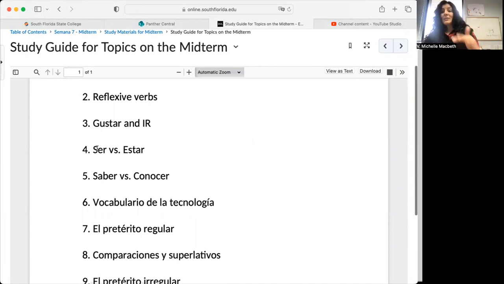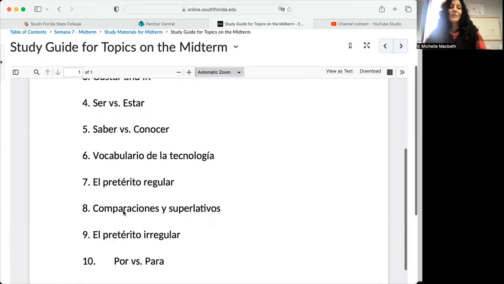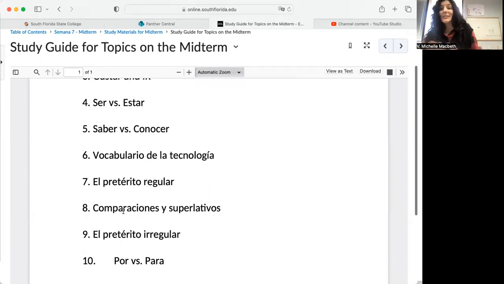We want to make sure that we know the difference between ser and estar, right? That was something that we covered this semester, the difference between saber and conocer, right? We also want to make sure that we know things like the technology vocabulary, the regular preterites, right, which was something that you did a couple of weeks ago. And then the irregular preterites was something you did last week.